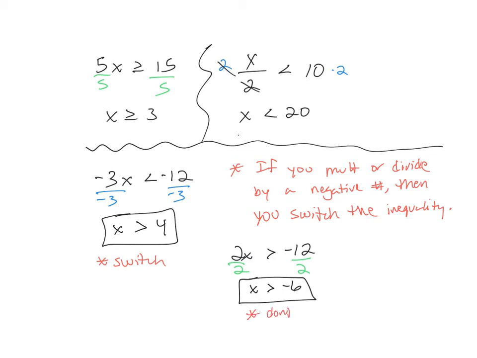This one, don't switch and the answer is negative. The answer means nothing. It's did I divide or multiply by a negative number? If you answer yes to that question, then you switch it. If you answer no, then you don't. So, -3 on the first one, yes, I did divide by a negative. +2, no, I did not divide by a negative.